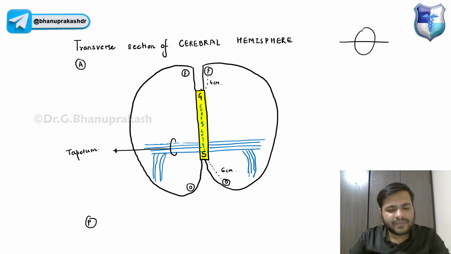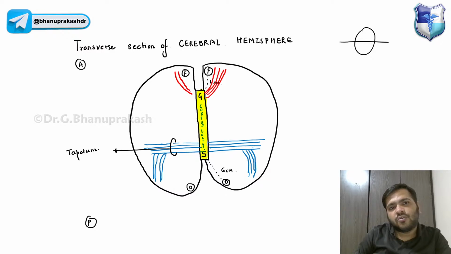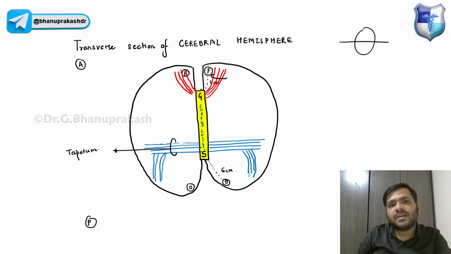Some fibers from the frontal lobe will be coming and connecting from the genu of the corpus callosum to the frontal lobe, guys. These fibers from the genu to the frontal lobe are collectively called the forceps minor fiber.